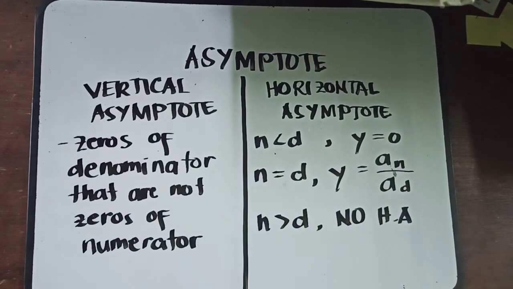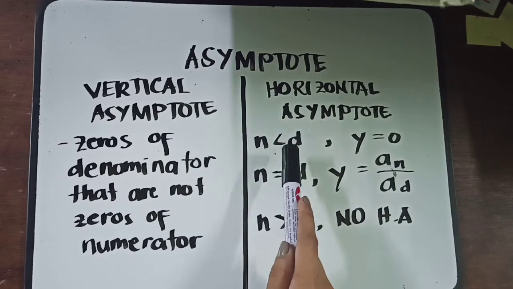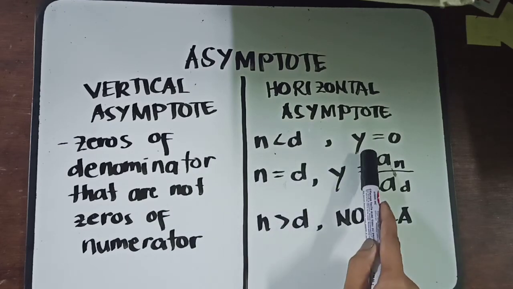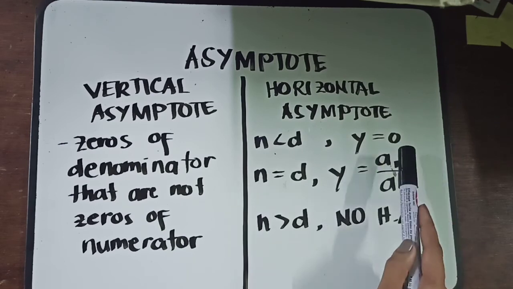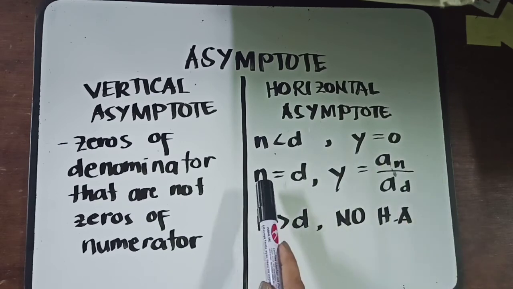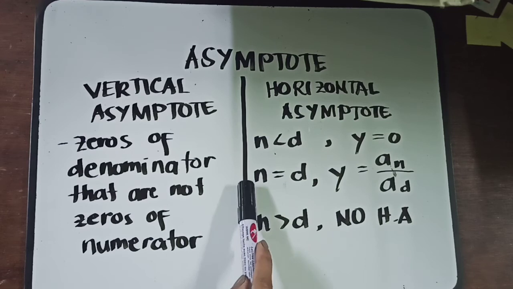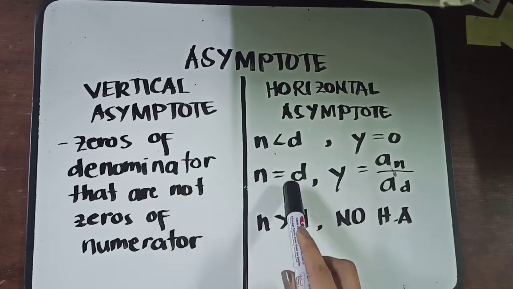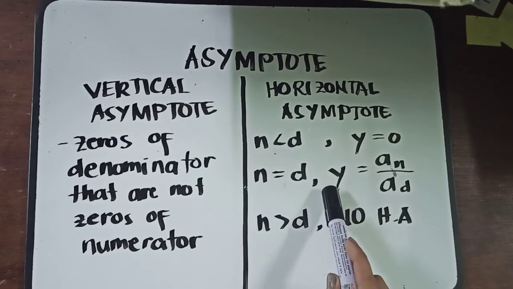Okay, so again, kapag ang degree ng numerator is less than the degree of the denominator, yung horizontal asymptote mo is equal to 0.